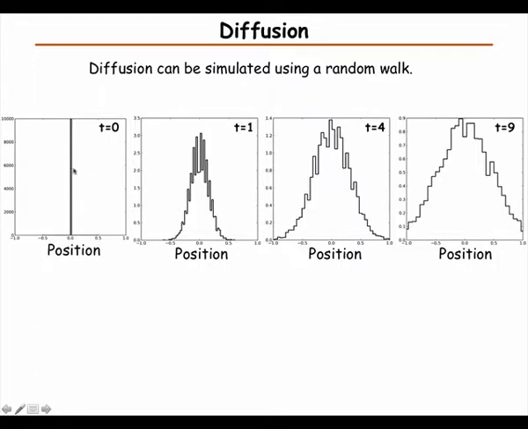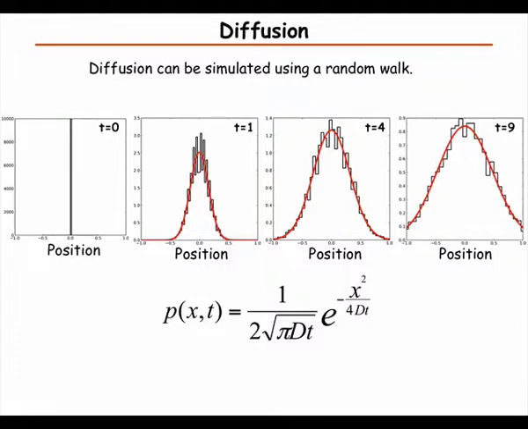So what we do is we simply at every time step decide whether the particle goes to the right or the left, and we then get a distribution. And we can derive the exact form of this distribution, which is again a Gaussian form where the width scales as the square root of the time. So the histograms are our simulations, and the red curve is the exact form.